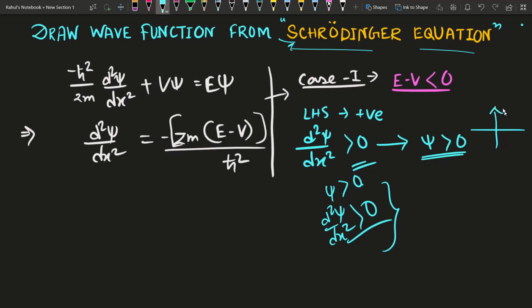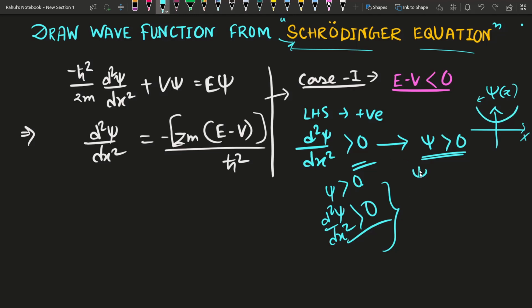That means if we plot psi on the y-axis, above the x-axis, whatever may be the form of psi, there must be a minima, like this.